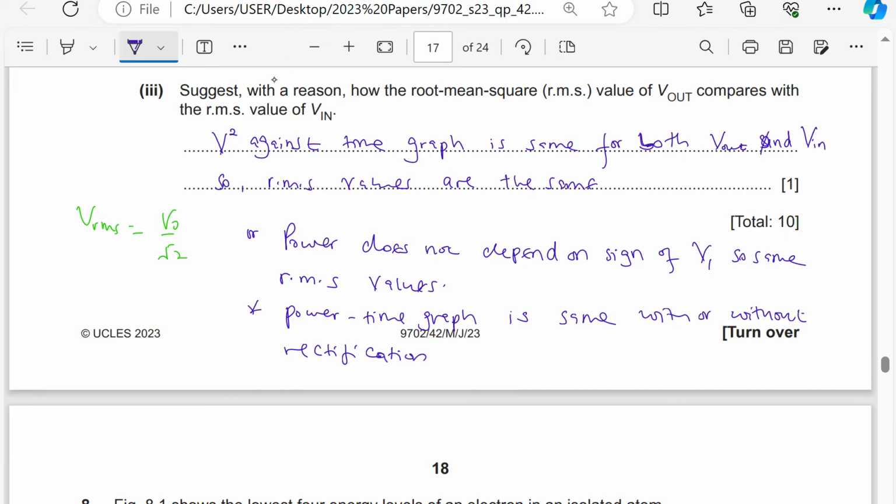Either there is or there is no rectification. So this means same root mean square values.